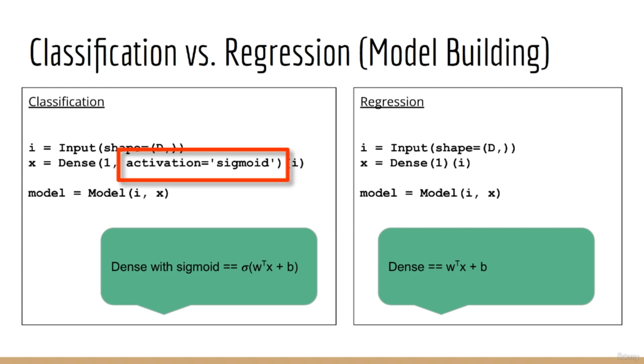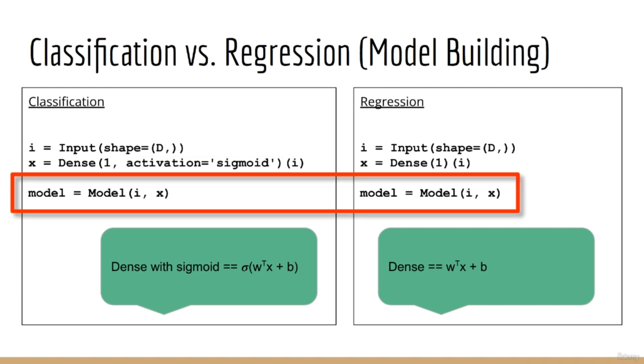In TensorFlow, you don't have to write this function yourself, but instead, you simply pass in the string sigmoid into the argument for activation, which automatically applies the sigmoid after doing W transpose X plus B. Note that in deep learning, we call these functions activation functions, which explains the name of the argument. Finally, note that our instantiation of the model object is the same as before. We pass in the input as the first argument and the output as the second argument.